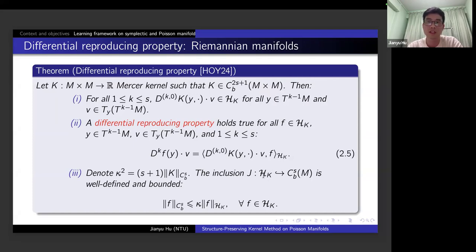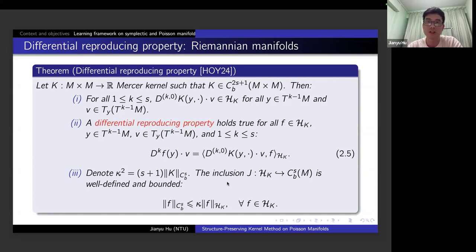So in summary, if we have the regularity of the kernel, then we have the corresponding differential reproducing property and the corresponding embedding.